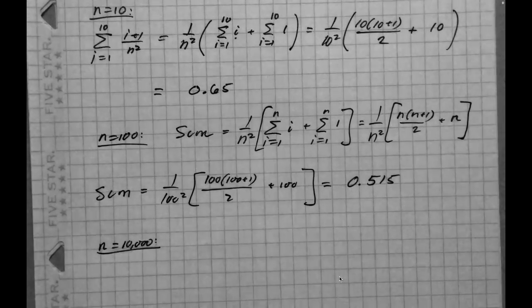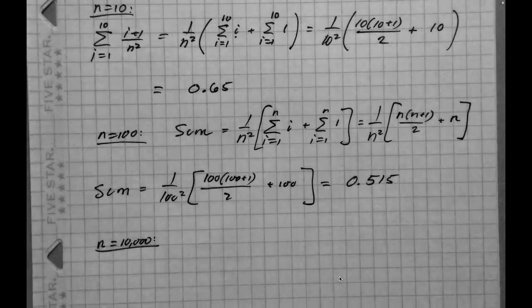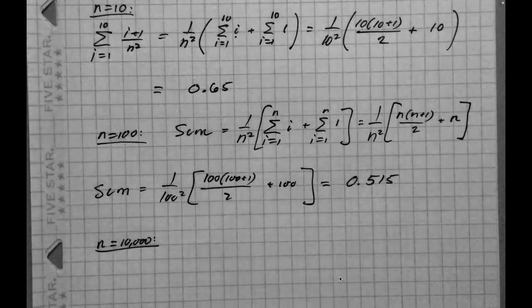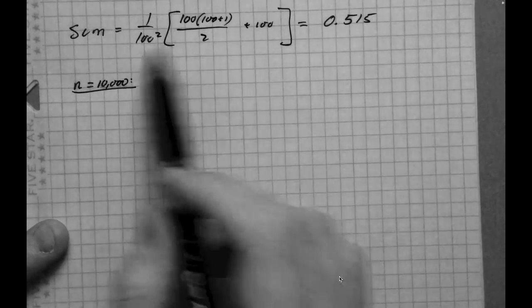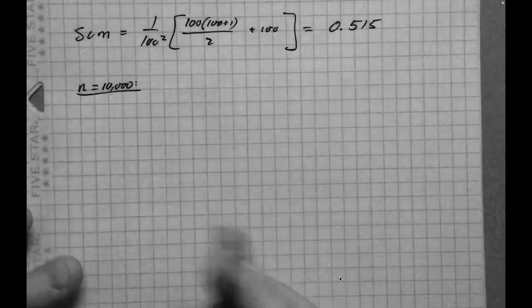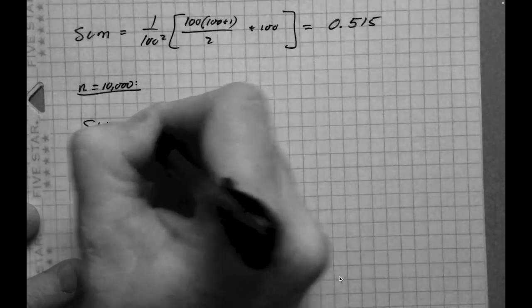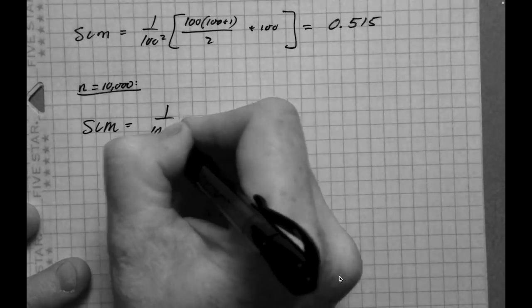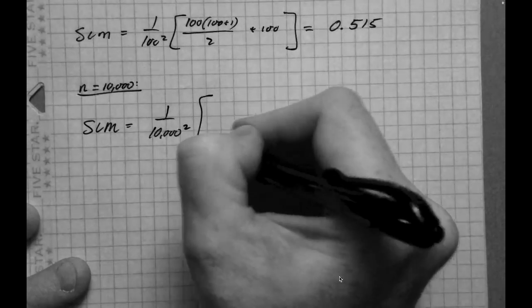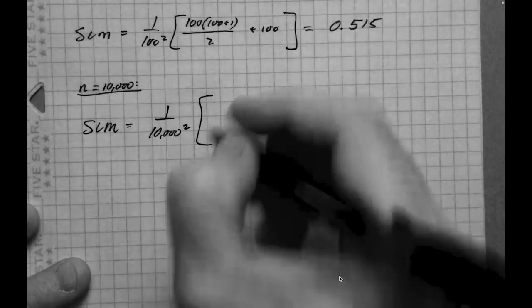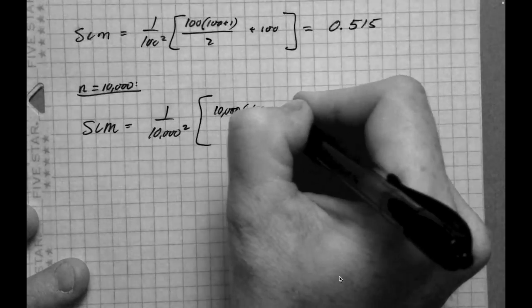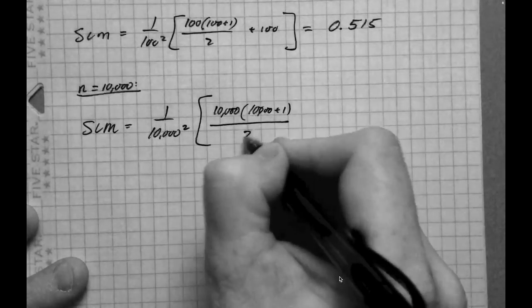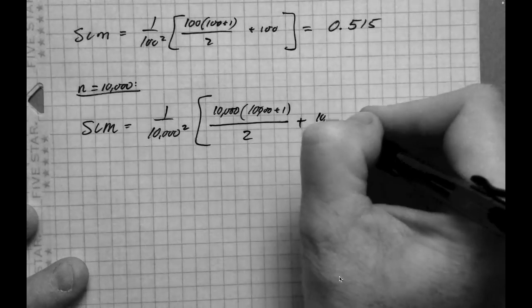Certainly wouldn't want to try to solve either of these examples using actual sums, i.e. 1 plus 2 plus 3 all the way up to 10,000. But it's relatively easy to do when you follow the formula here. So in this case, the sum is equal to 1 over 10,000 squared, times 10,000 times (10,000 plus 1), all divided by 2, plus 10,000.